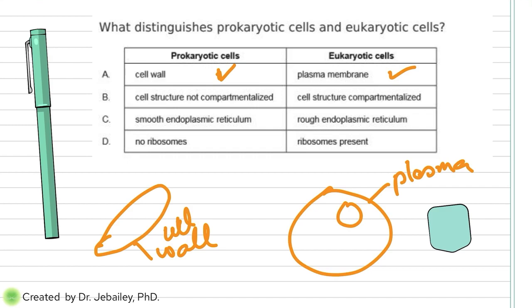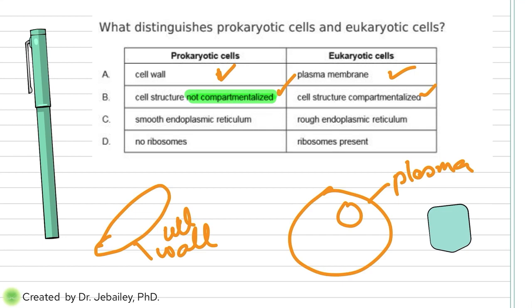Now, what distinguishes between them? This one has cell structures not compartmentalized. That means it does not have organelles, which is also true. And this one, cell structures compartmentalized, means yes, they do have organelles.